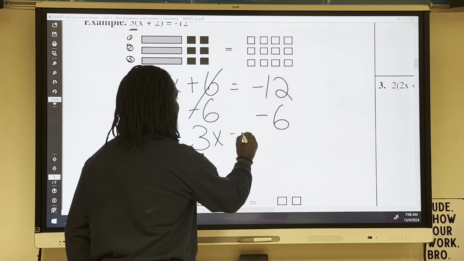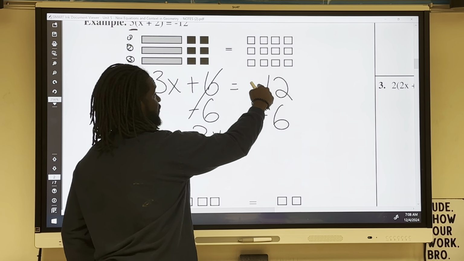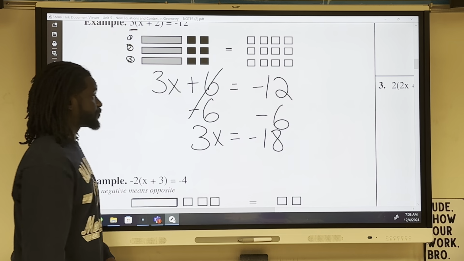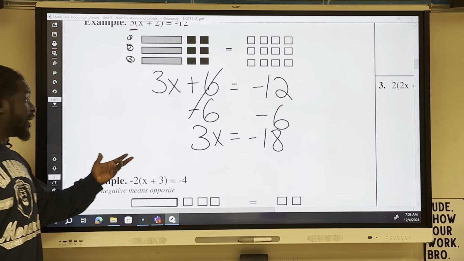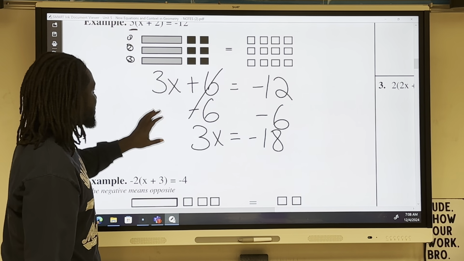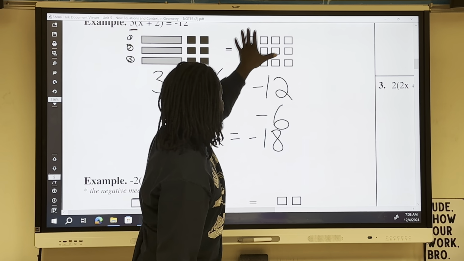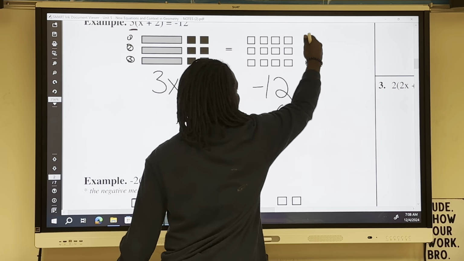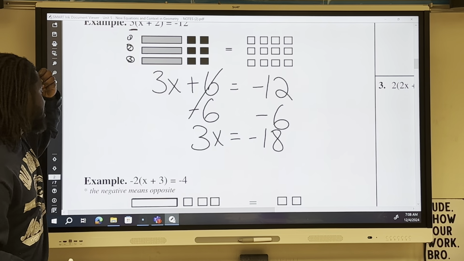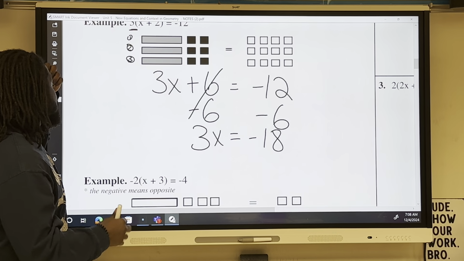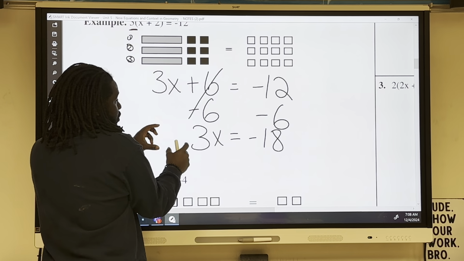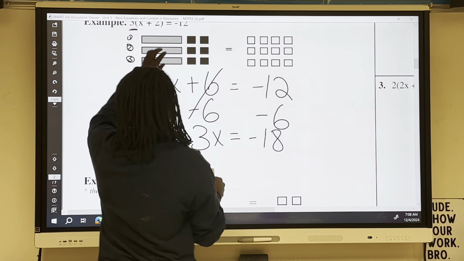Now I have 3x equals negative 12 minus 6, which is negative 18. So now I have 3 x's, and I have 18 over here because I've added 6 blocks. I'm not going to draw that, but I'm solving it down here, just using the numbers. After that, I have to divide all of my blocks among the 3.